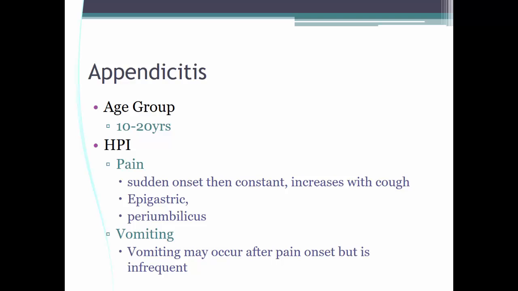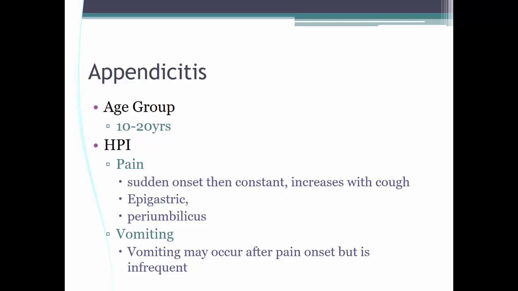It is associated with anorexia and abdominal tenderness. In the US, acute appendicitis is the most common cause of acute abdominal pain requiring surgery, and over 5% of the population develops appendicitis.